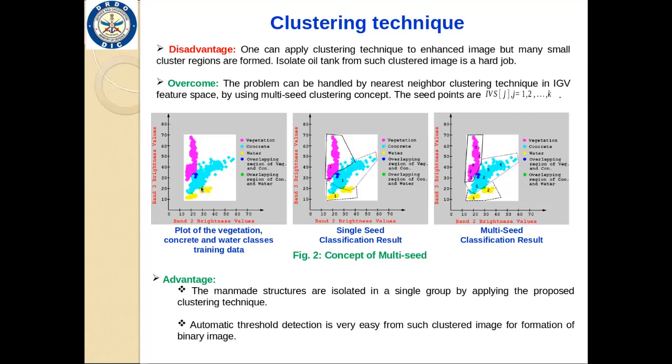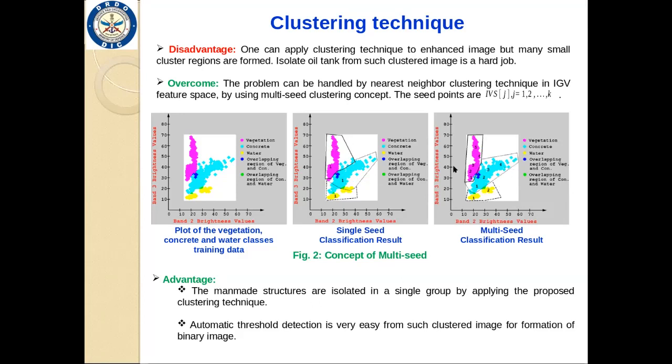We have seen that when we collect the training samples, they are actually elongated. Now, if we apply a single seed-based classifier, then the classification result is not better, whereas if we apply the multi-seed technique, that means it is a non-Gaussian field.